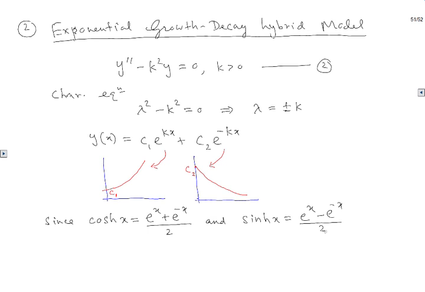So what we can do is you can rewrite the solution in several different ways. For example, these are other ways to write the same solution, but you will get different constants.